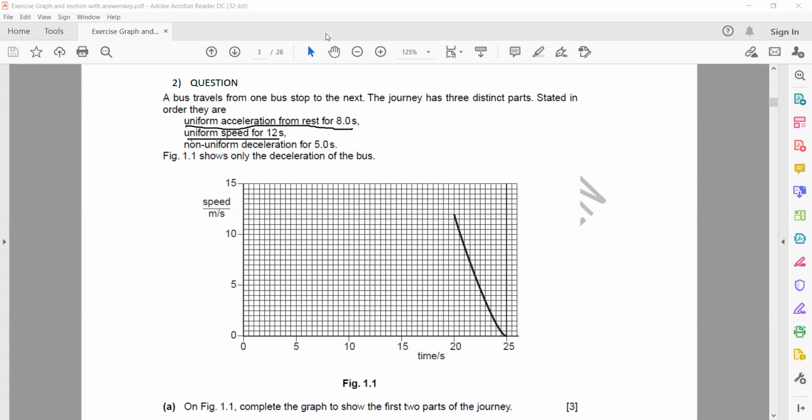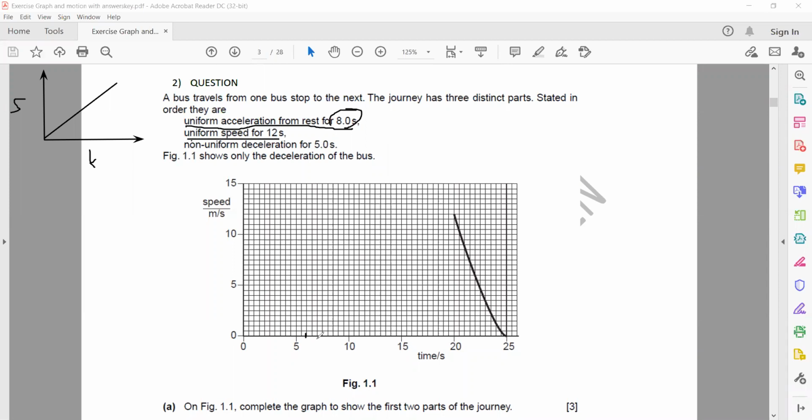So the first part, what should be the shape of the graph? If it's a uniform or constant acceleration, as we just discussed, it will be a straight line. So we have to draw a straight line, but till what point? For 8 seconds. So we'll check the axis here. Each box represents 1.